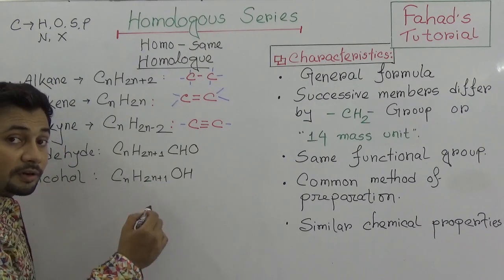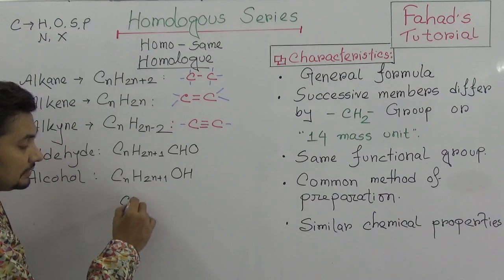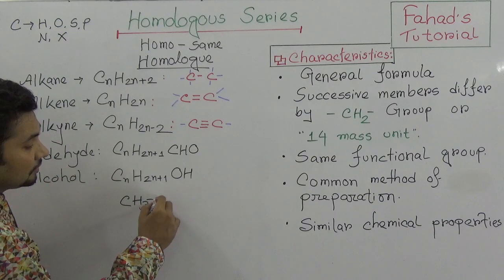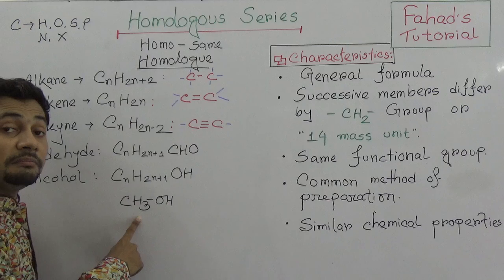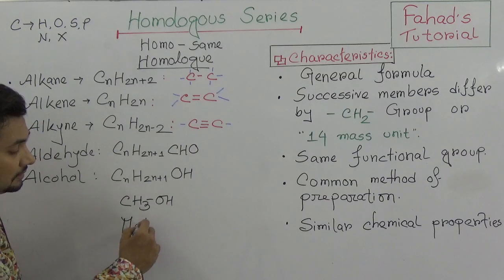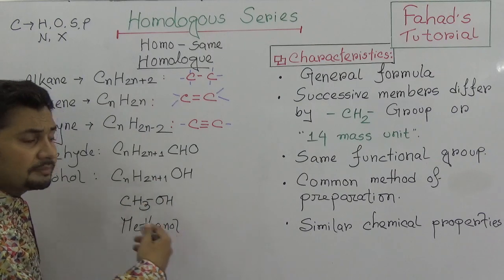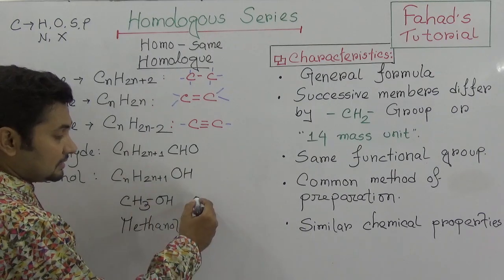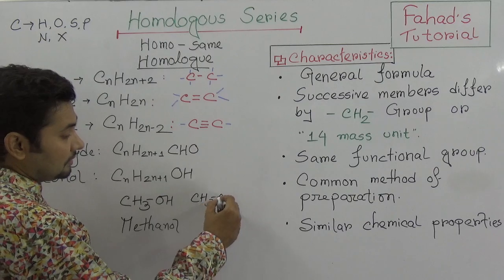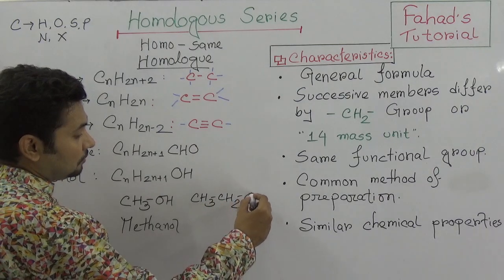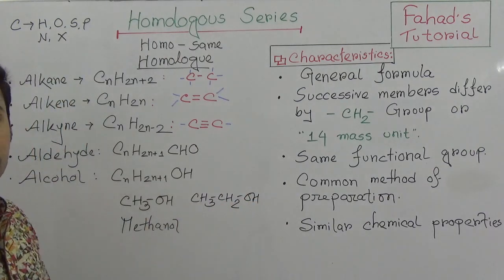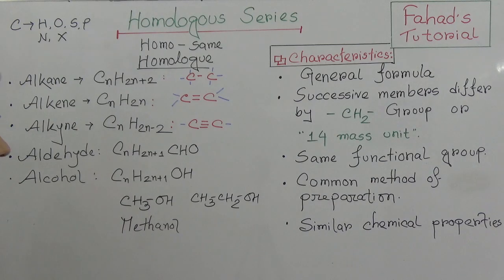So the first member of alcohol group is CH3OH, and this is called methanol. Now you see the second member, the successive member, is CH3CH2OH. This is ethanol.